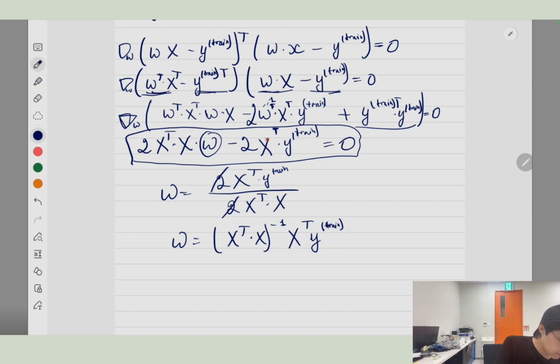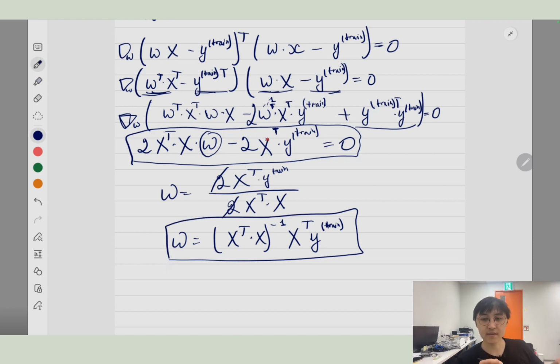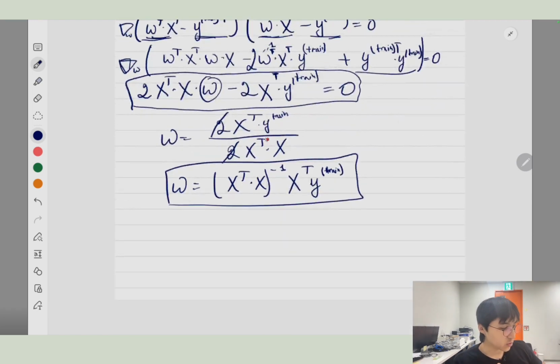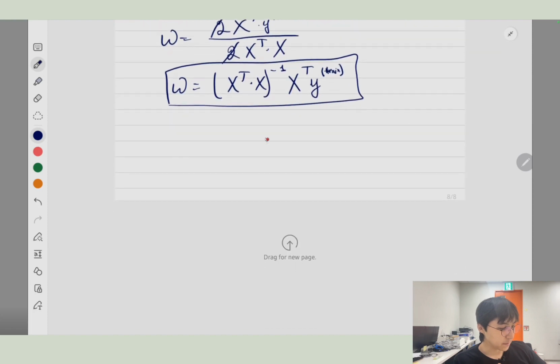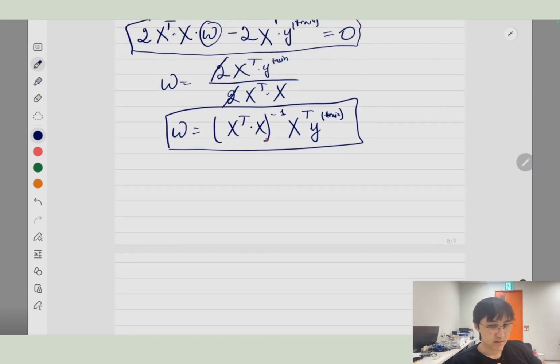If we find this equation, we will find the weight, which will result in performance measurement equal to 0.